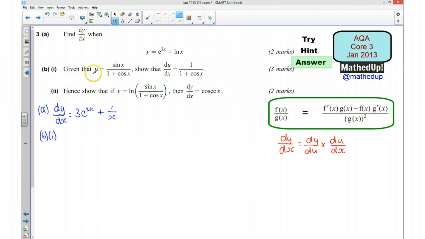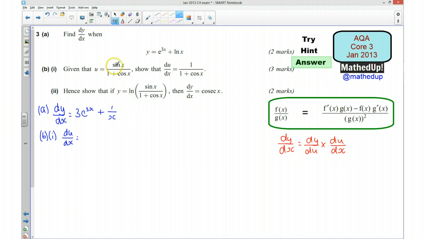Part B, for the first part of part B, we're told that u is this, and we want to find du by dx, and I said that we can use the quotient rule in order to work that out. So du by dx, and that's going to be equal, and we're given the quotient rule here, but some of you might have a different way of remembering this.